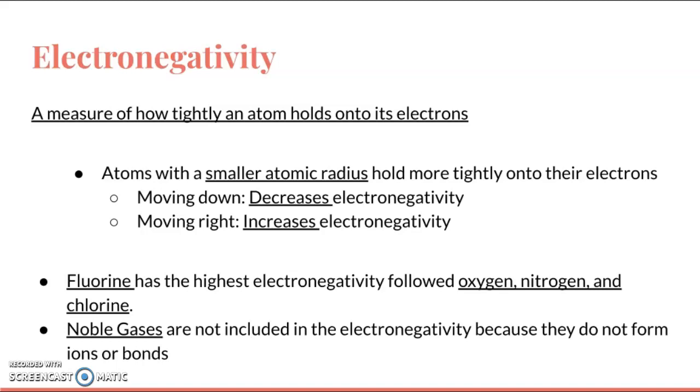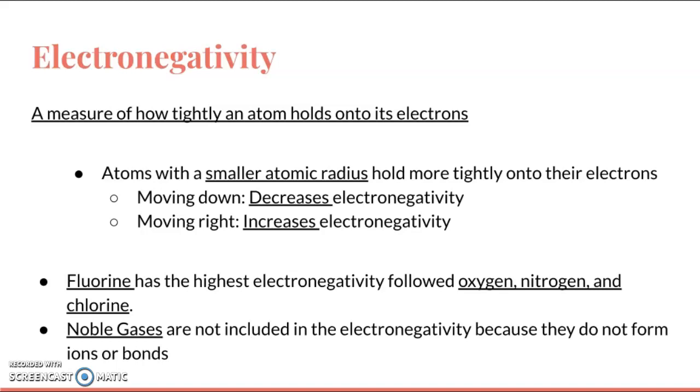Because it takes more energy to lose an electron if it's tightly held, and if it's tightly held, it's going to have more electronegativity. So atoms with a smaller atomic radii hold electrons more tightly. As I move down, I'm going to decrease my electronegativity. As I move right, it's going to increase.